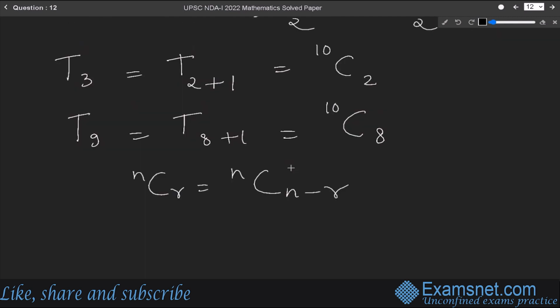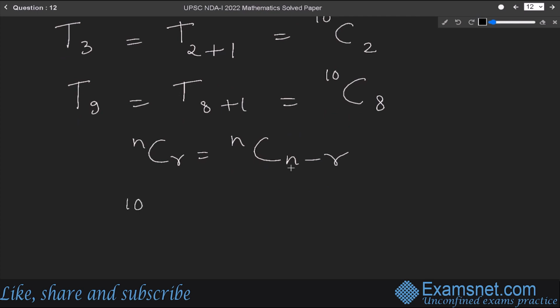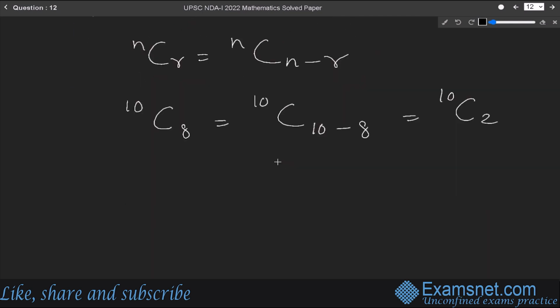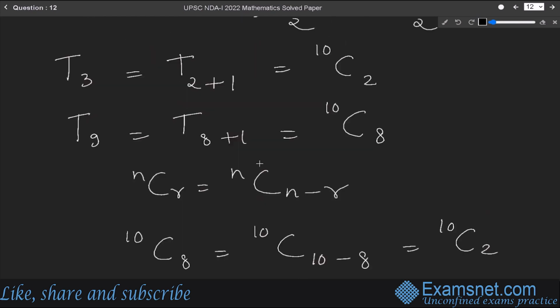Now let us check it. 10C8 is equal to 10C(10-8), which gives 10C2. Therefore, 10C8 is equal to 10C2, which means the coefficient of the third term is equal to the coefficient of the ninth term. So we can say that both the statements are correct. So the correct answer is both 1 and 2.